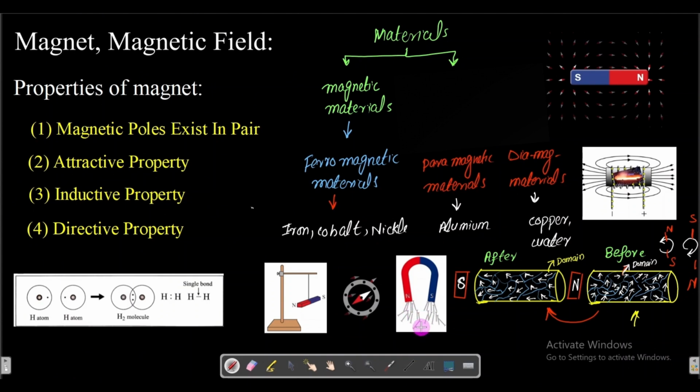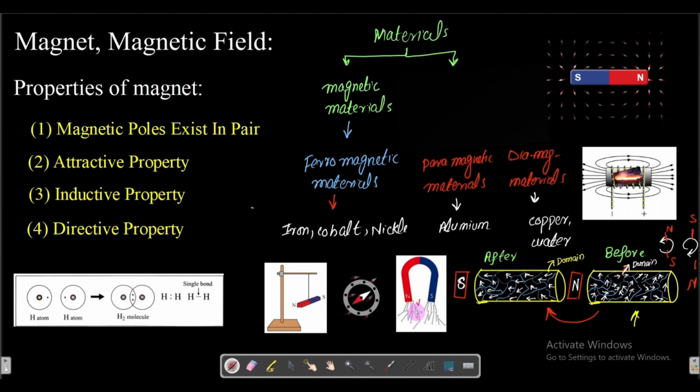So if another nail touches this original nail, the other nail will also be attracted. Even though the other nail is not directly connected with this magnet, it is connected with the first nail, and in this case it will be attracted.